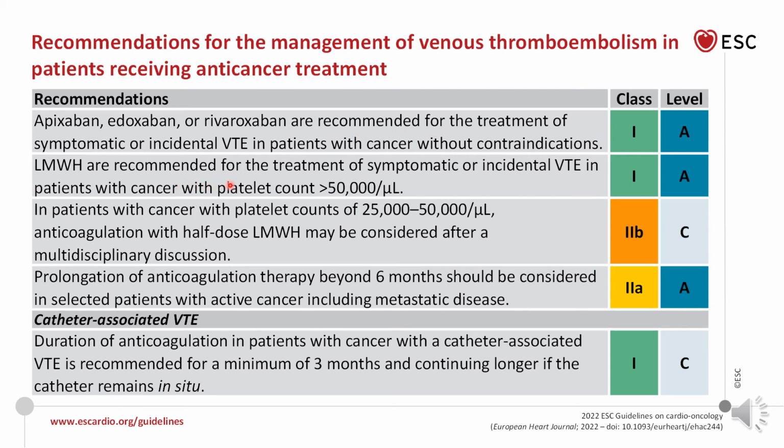Low molecular weight heparin can be used as an option with a class 1A indication, with a full dose if the platelet count is more than 50,000 or a half dose if the platelet count is between 25 and 50,000. Also, extended anticoagulation beyond the 6 months of therapy is recommended in these patients, especially with active cancer or metastatic cancer.